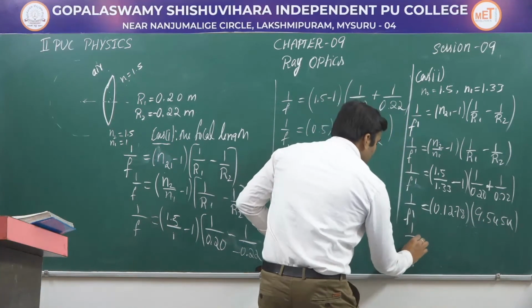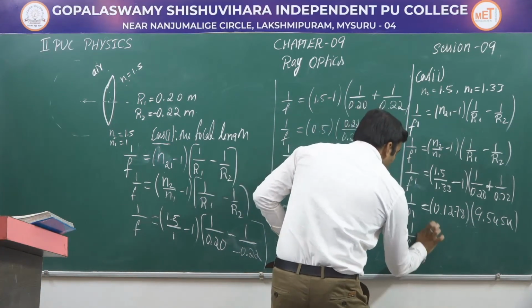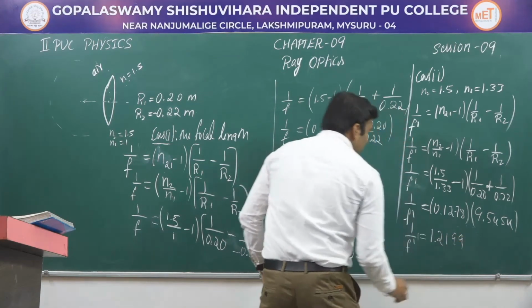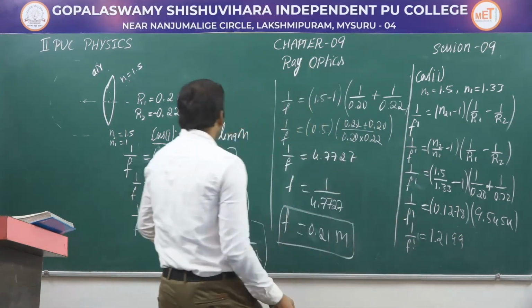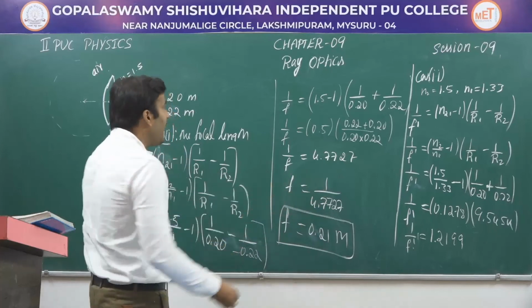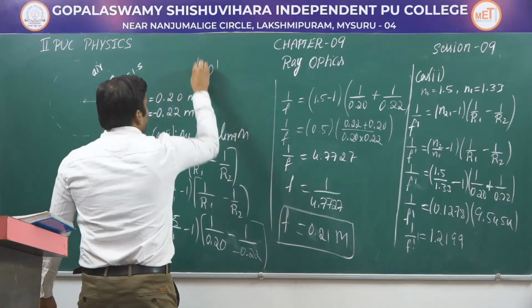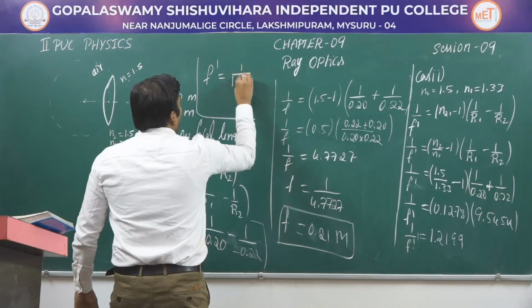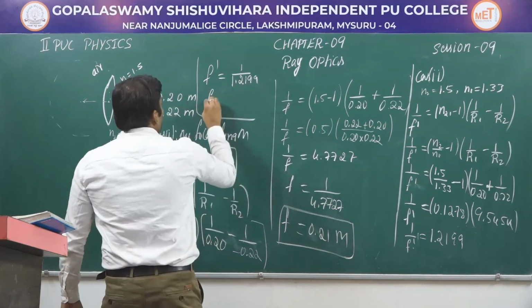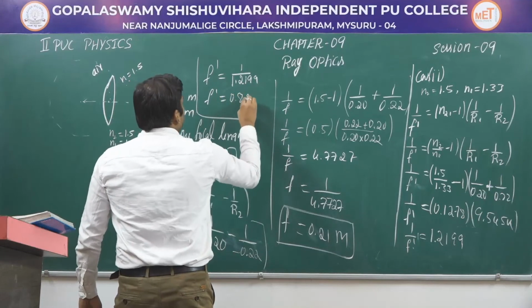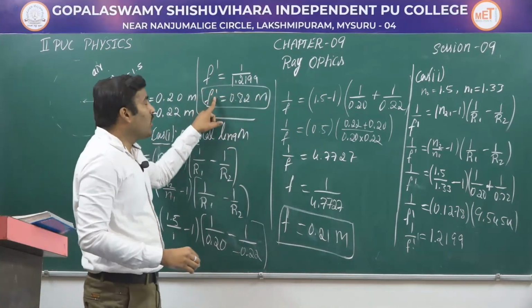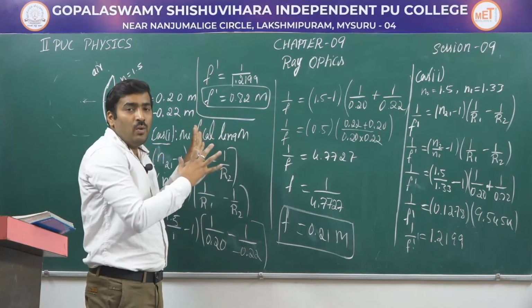If you do this calculation, you will get 1 by f dash as 1.2199. And if I want f dash, it is the reciprocal of 1 by 1.2199. So this will be 0.82 meter. So we found the value of focal length when it is immersed in water.